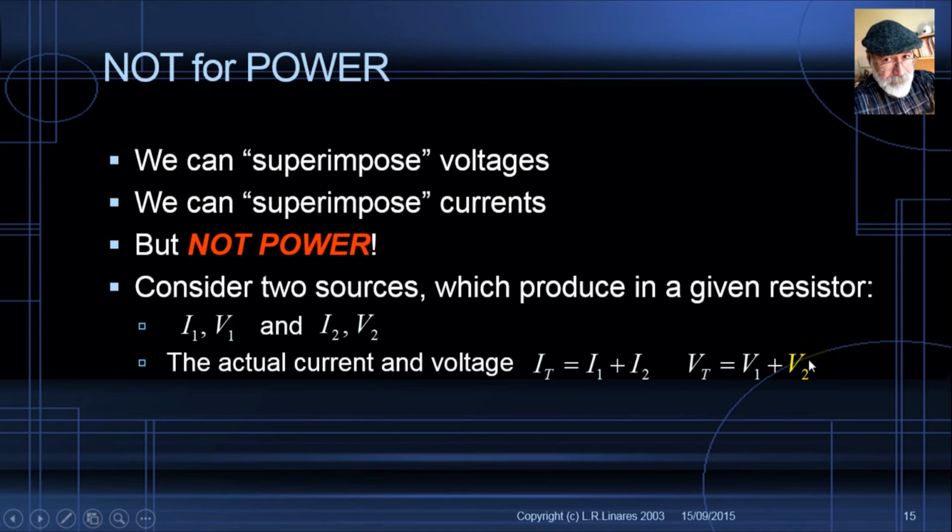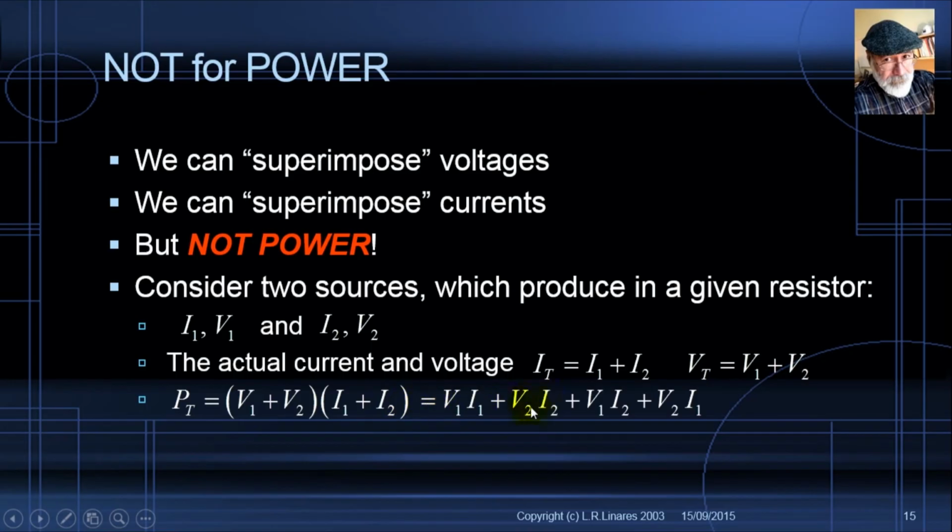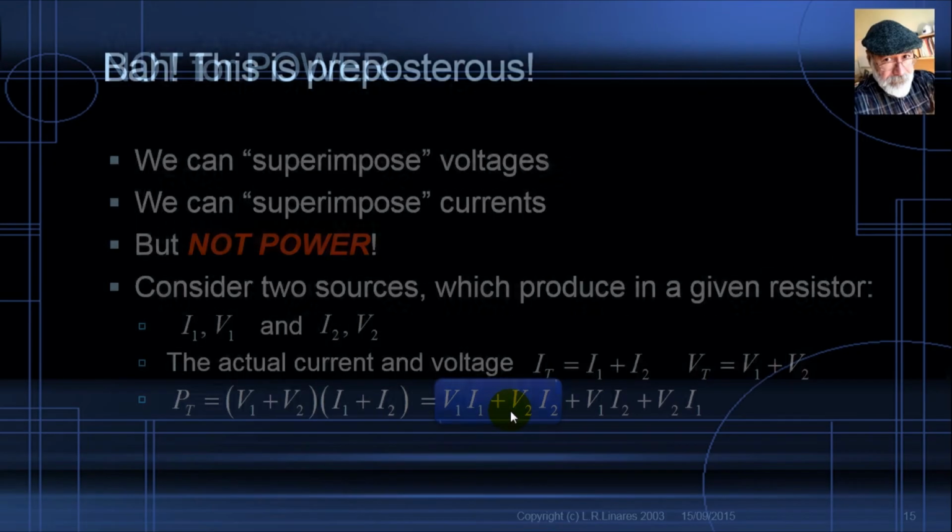That means that the actual power in that resistor would be the total voltage multiplied by the total current, right? Which when we expand and distribute that, it gets this expression. So you see the actual total power in the resistor is not just V1I1 plus V2I2. And that proves that we cannot superimpose power.